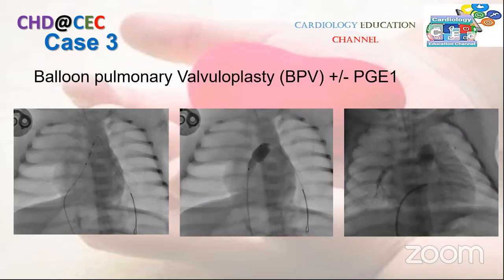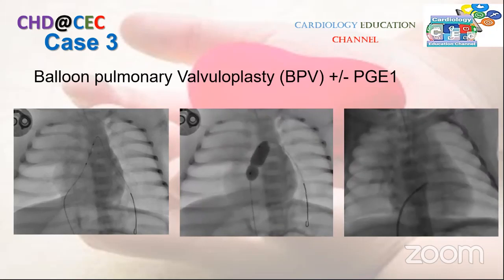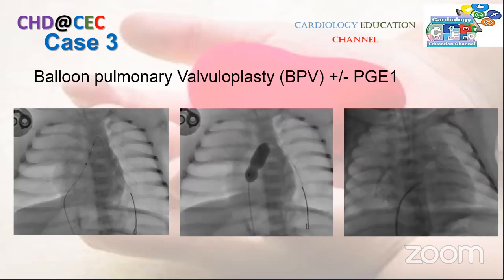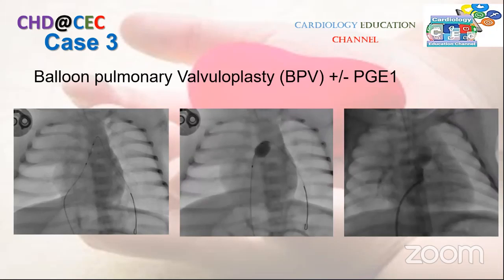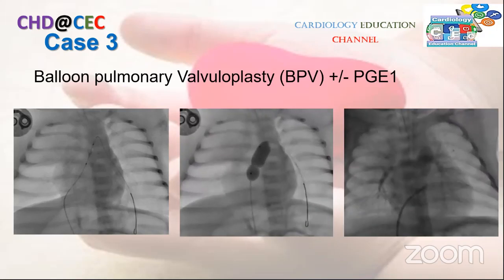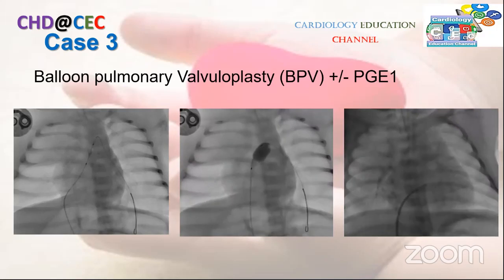And back to Hatem's question. Hatem just asked about when do you refer a child to surgery, and I just remembered a case while discussing vascular access complications. One day I was obligated to refer a baby with a critical PS to surgery, because the baby was extremely desaturated.